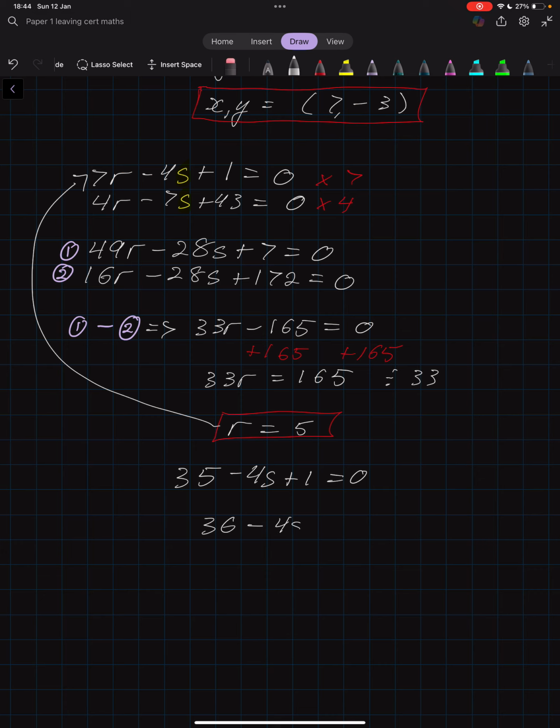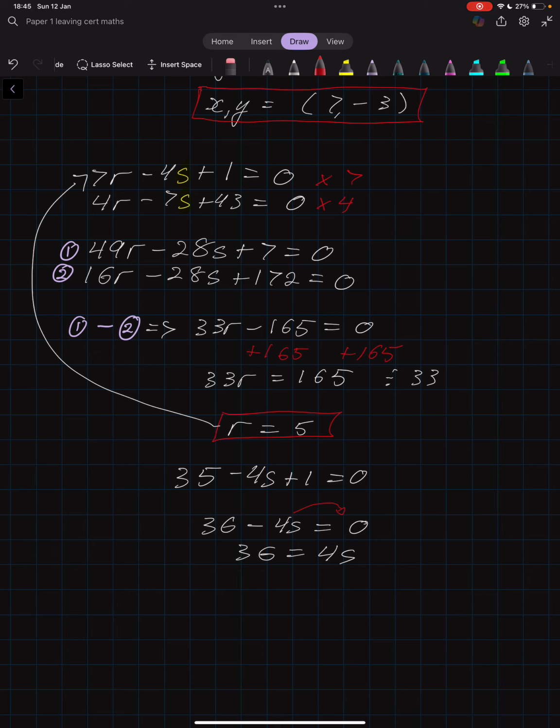So you can add 4s to both sides, or if you're going to transfer a number across an equal to sign, it changes sign. In this case, it goes from minus to plus, or from plus to minus.